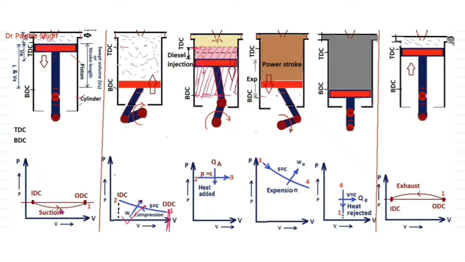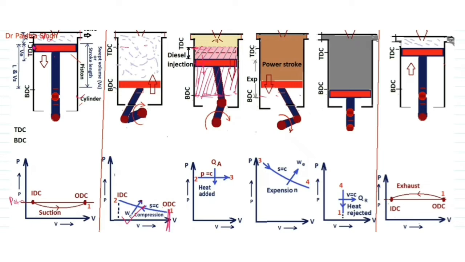So you can see at this point pressure is lower than P atmospheric, meaning atmospheric pressure. Here this inlet valve is open, so the pressure inside this chamber will be atmospheric. When this piston moves from TDC to BDC, vacuum will be created due to this suction process. So at this point the pressure will be lower than the atmospheric pressure.